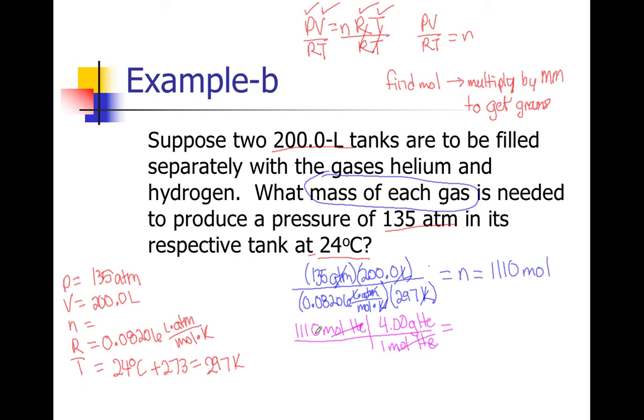So 1,110 times 4 is going to give us 4,440 grams of helium.